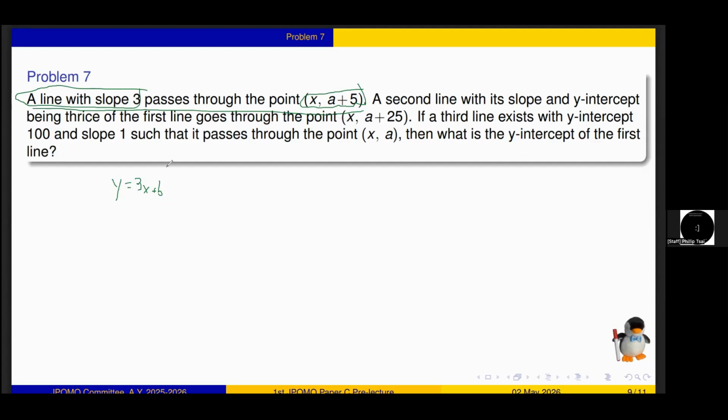If you plug these in, then you get a plus 5 equal to 3x plus b. This doesn't look that helpful, but you have two other equations.